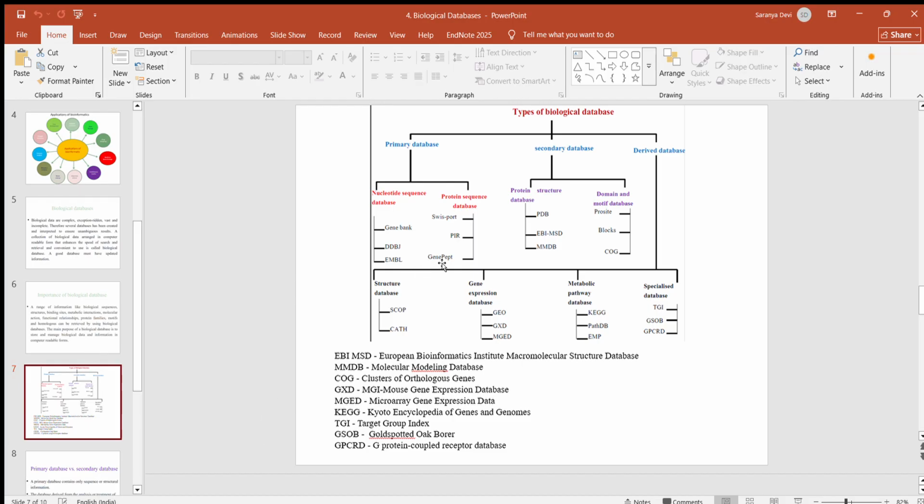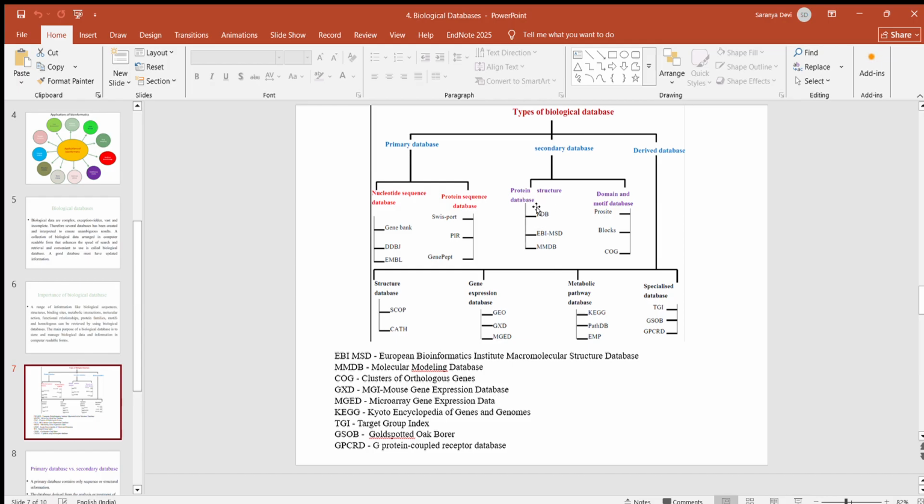Let's see the secondary database. The secondary database is again classified into the protein structure database. Here you can study the different types of protein structure, whereas the primary database is only for nucleotide sequence study. The secondary database is for protein structure study, followed by the domain and motif database. In the protein structure database there are three different types.